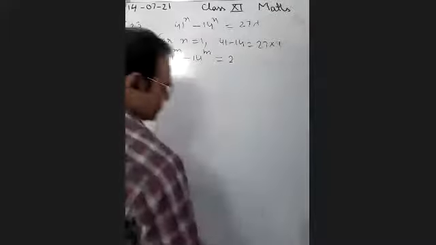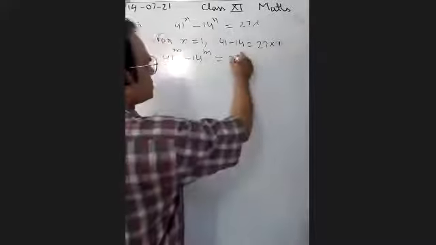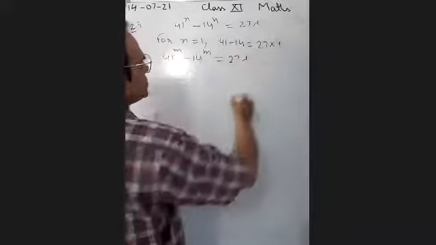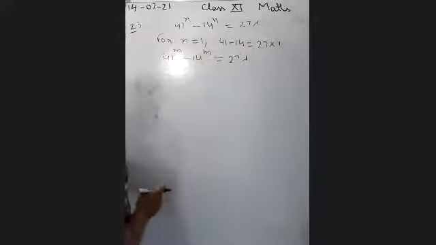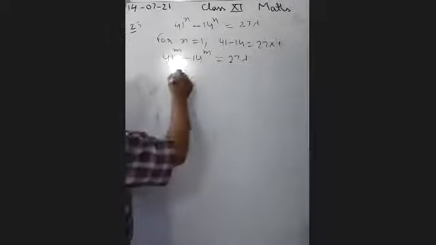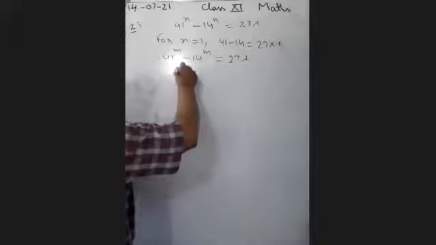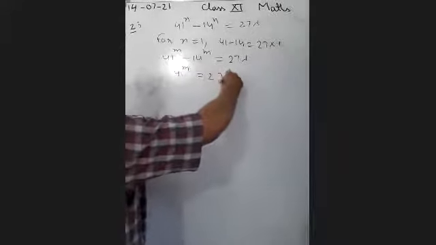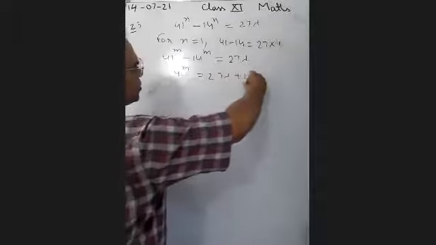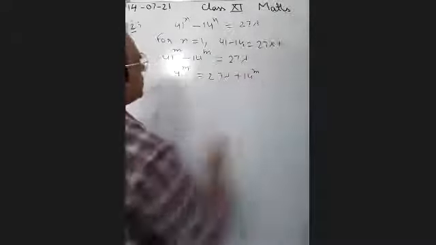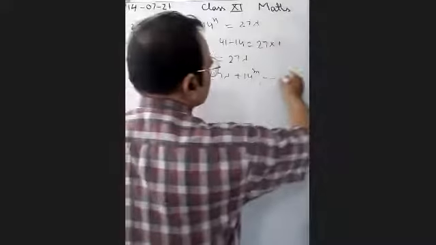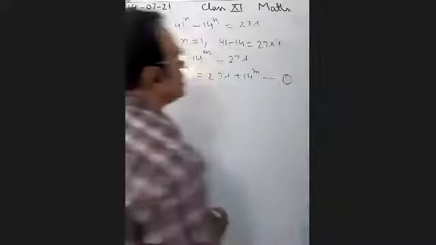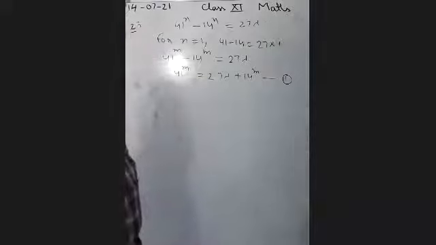So 14 to the power m we can shift to the right hand side: 41 to the power m equals 27 lambda plus 14 to the power m. Here we are giving the name of this equation, equation number 1, okay?